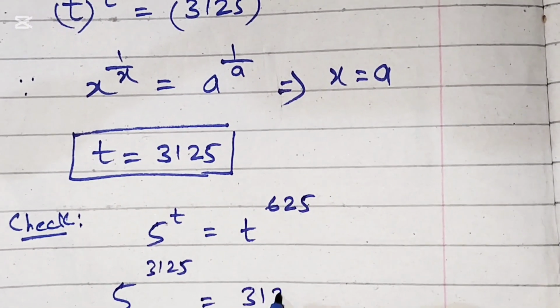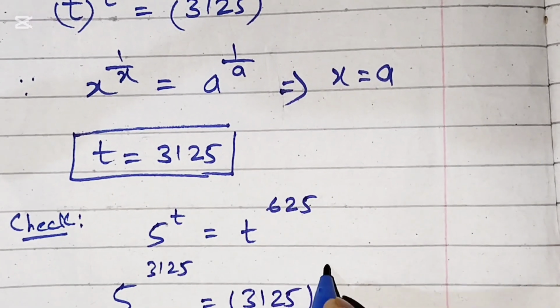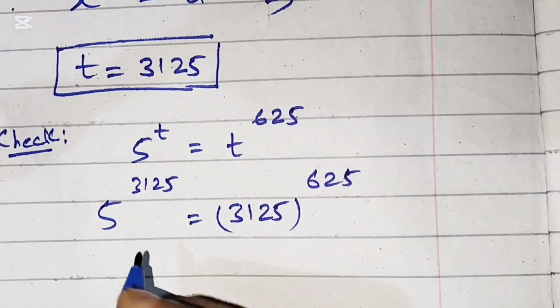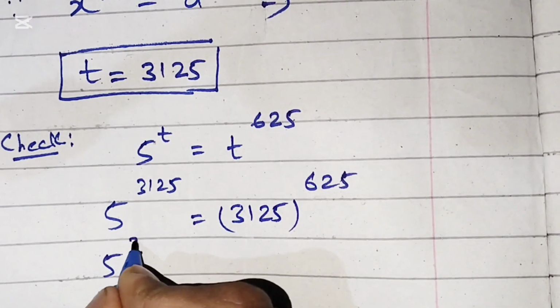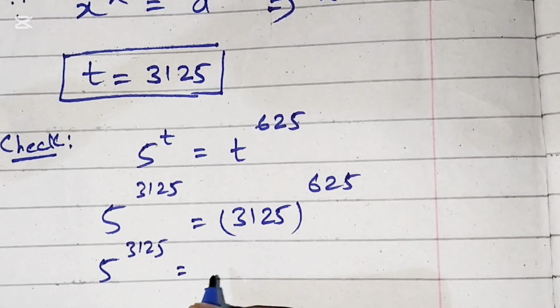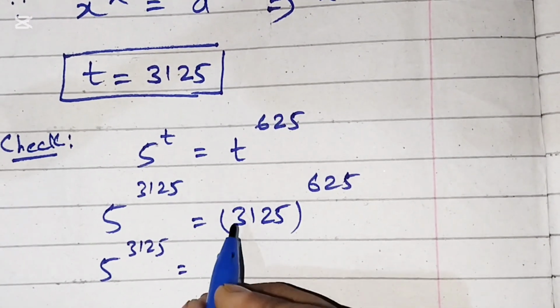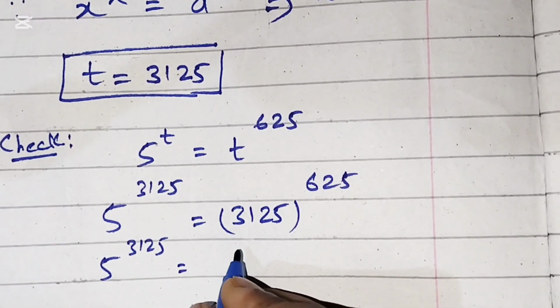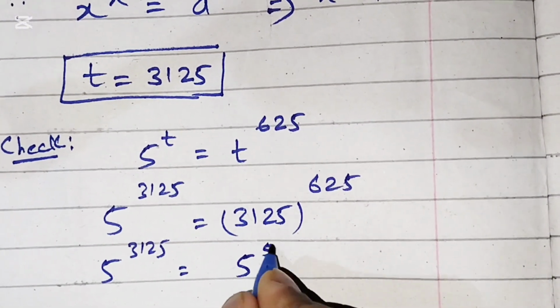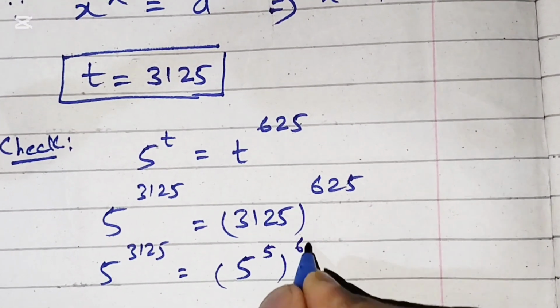Here 3125 whole power 625. Now we can write the right hand side as 5 power 5, whole power 625.